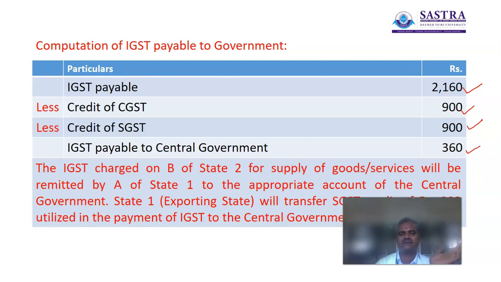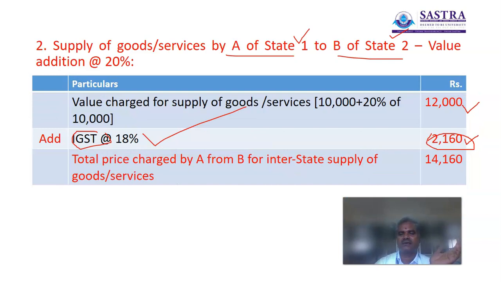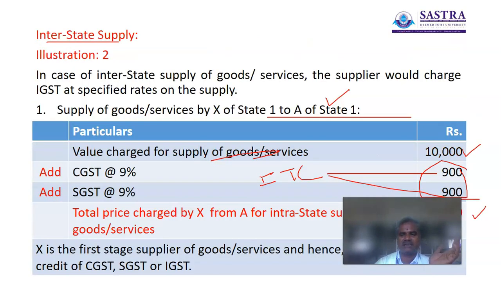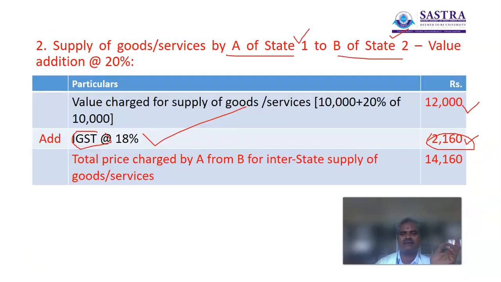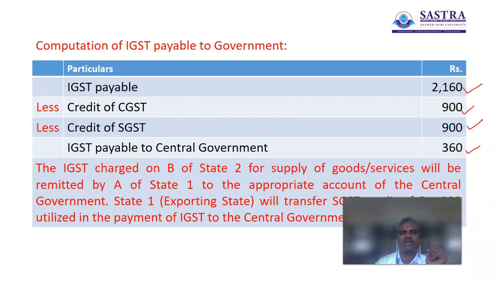He has to pay to the government 2,160. But already he has 900 ITC. So this ITC can be adjusted against IGST paid. This is ITC, the tax paid on purchase.